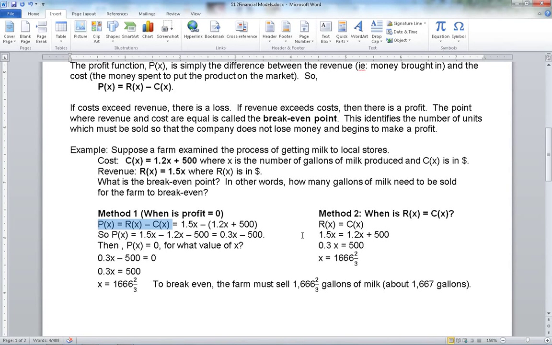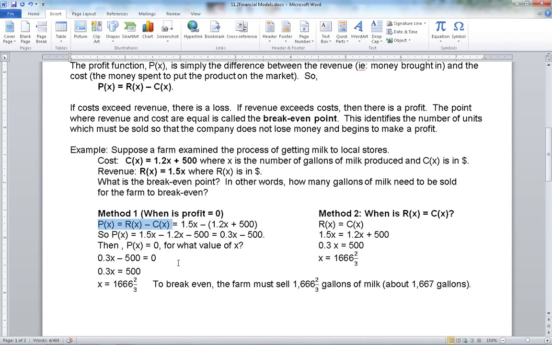The second method is to set revenue and cost equal. So revenue equals cost. In other words, 1.5x equals 1.2x plus 500 at what value of x? So then you would subtract 1.2x from both sides, and you'd get the same equation we had earlier, where 0.3x equals 500.